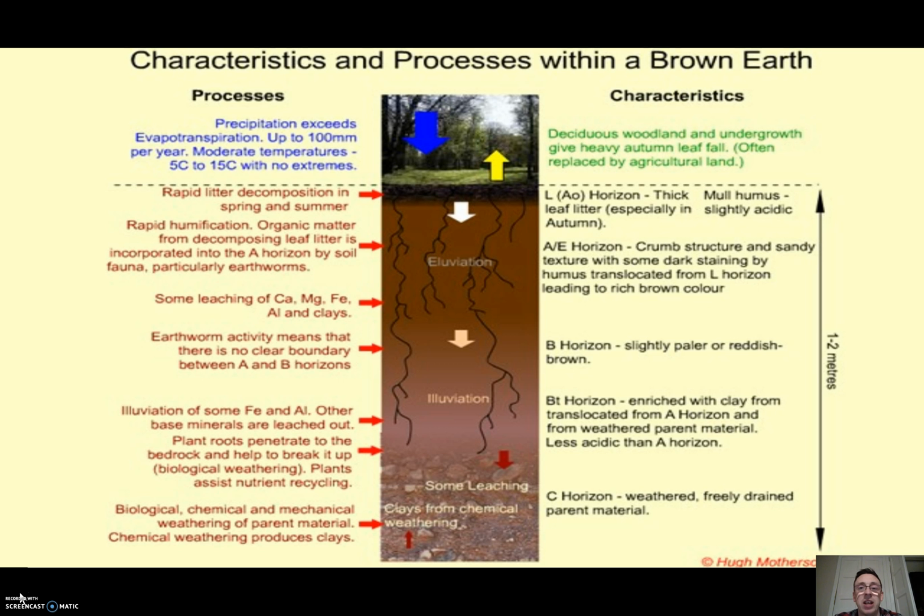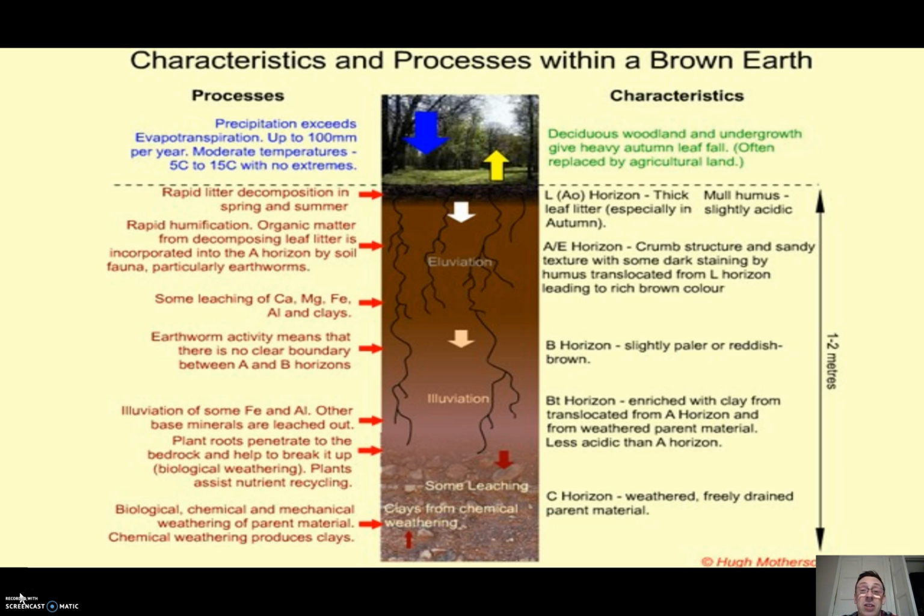But one of the big distinguishing factors of brown earth soils is that we don't have particularly clear horizons. It's not like with a podzol where you've got a nice, neat iron pan and say, right, that is my transition point from my A horizon to my B horizon. You don't have that in brown earths. Some of the reasons we don't have that, as we've said already, is that leaching is not as pronounced as it is in podzols, although it is still a factor.